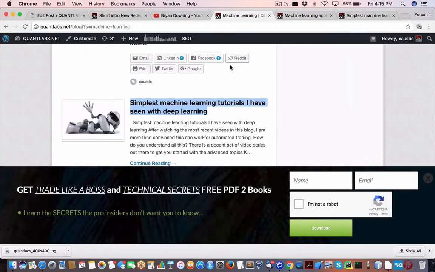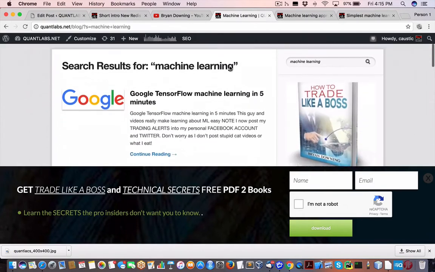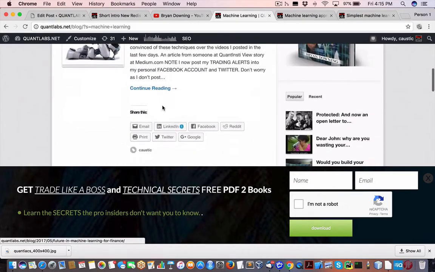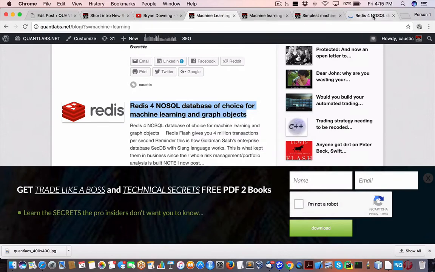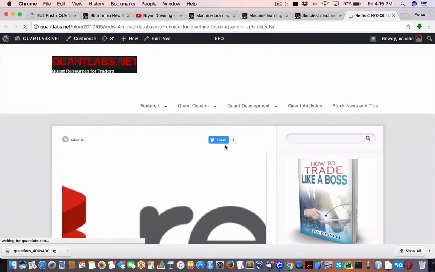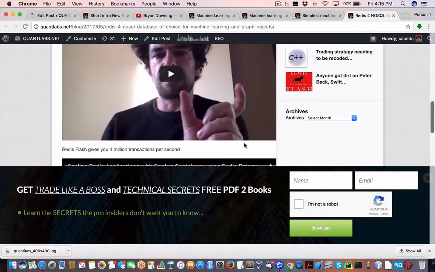Okay, so that's all fine and good. TensorFlow is the other area he talks about as well, this Siraj dude. But this is where the interesting part is. With the latest developments from Redis 4, as you know, I've been following this database for quite a long time, and I absolutely love the new features in it.